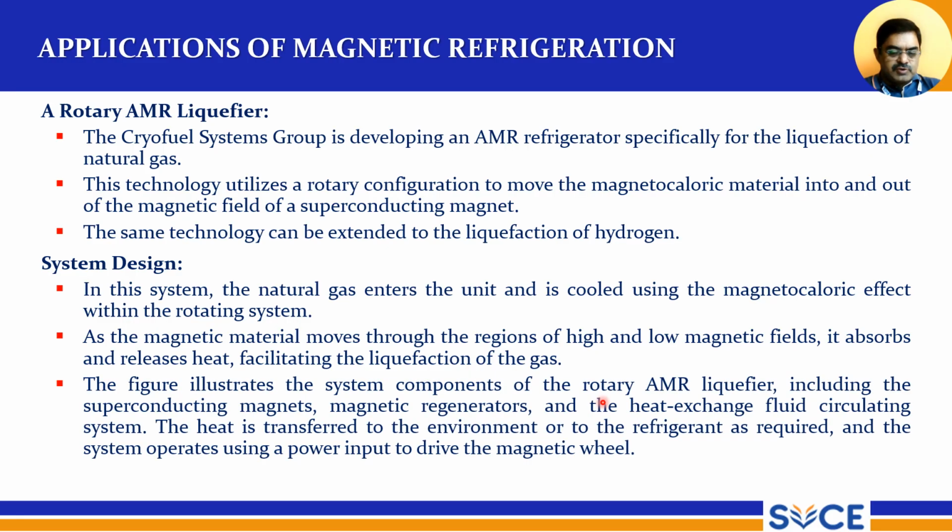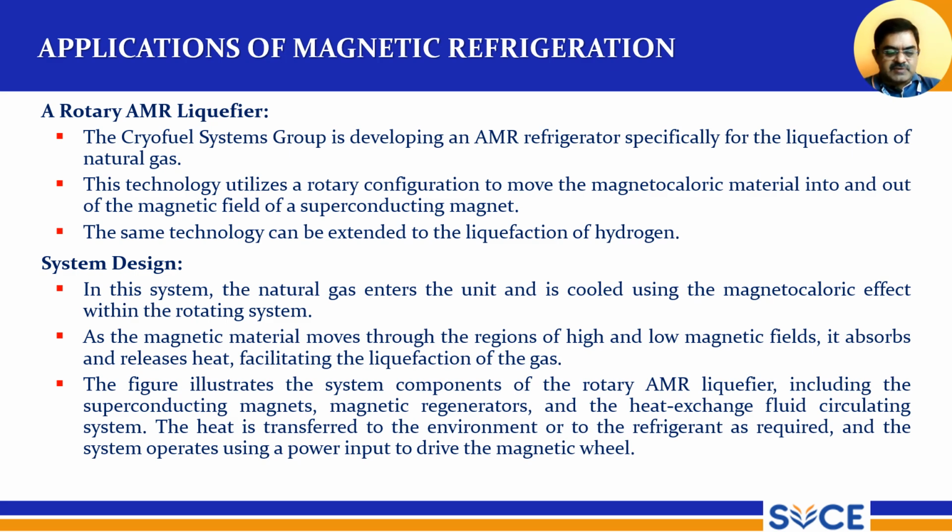So here I will show you the diagram. This figure illustrates the system components of the rotary AMR liquefier, including the superconducting magnets, magnetic regenerators, and the heat exchange fluid circulating system.